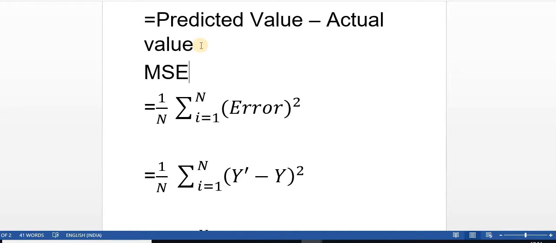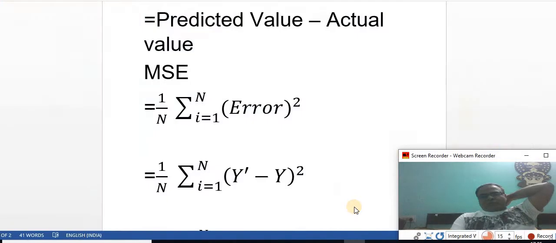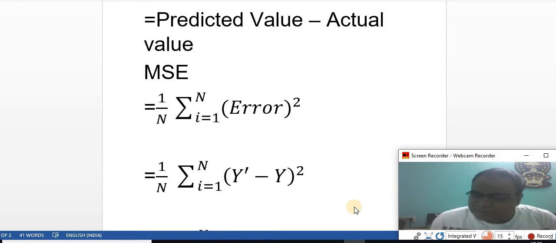Mean squared error is equal to 1 by n, sigma i equals 1 to n, error square. What is error? Error is the predicted value minus actual value. Sigma denotes summation. Another mathematical operation we use for summation is integration, which is a part of calculus.